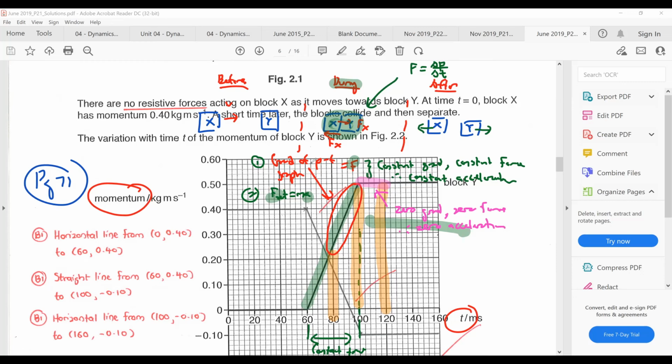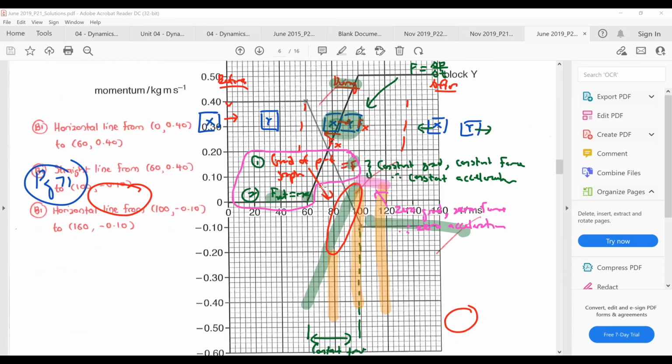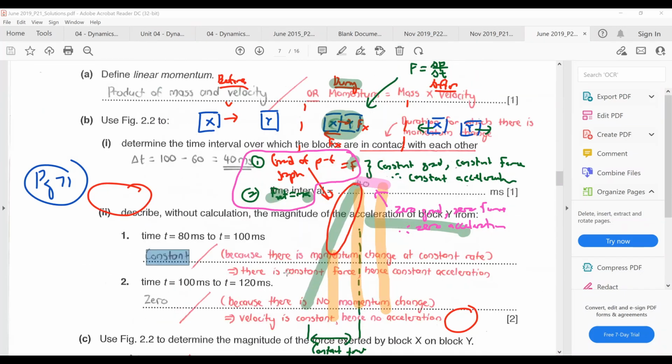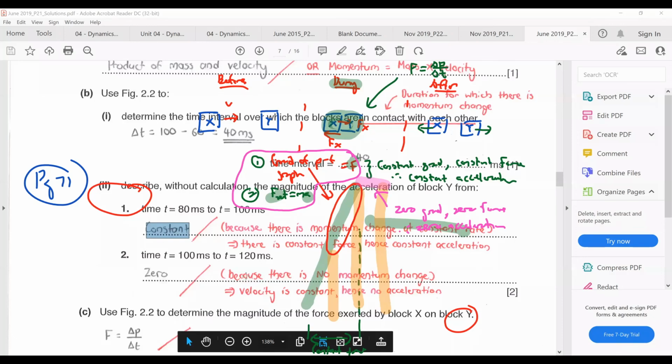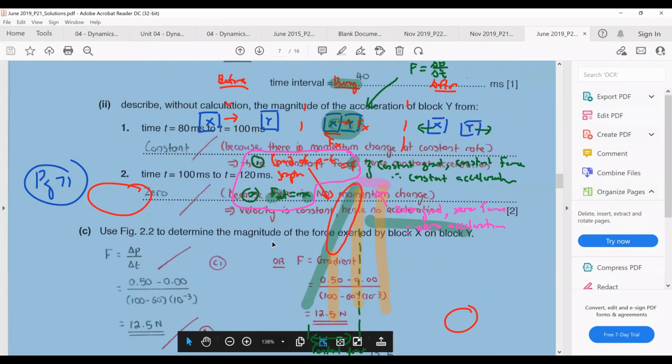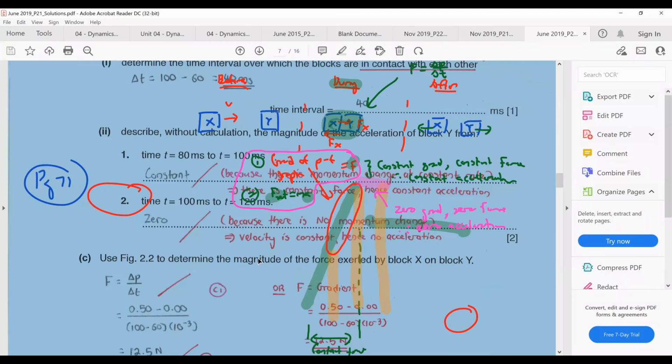It's also based on your understanding of these two facts. So this one will be zero. That's all. Because there's no momentum change, velocity is constant, hence no acceleration. It's just another way of writing the same thing.